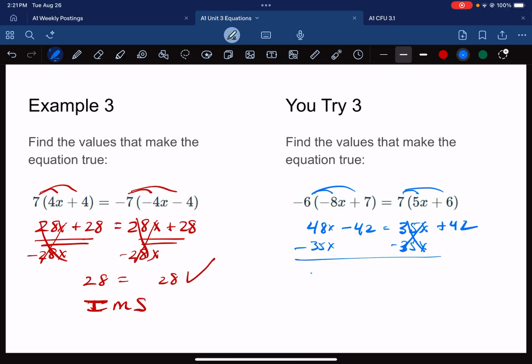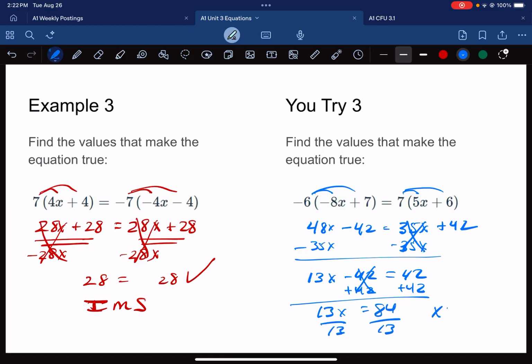And it looks like I get 13x minus 42 equals 42. Well, my variable didn't drop, so I know I'm going to get one answer. So I'm going to add 42, and I get 13x equals 84, and I'm going to divide by 13, and x equals, gosh, I've got to get a calculator for that.